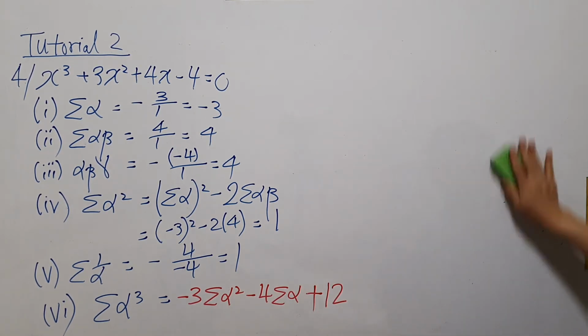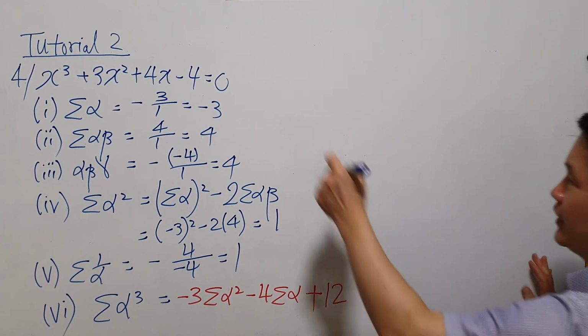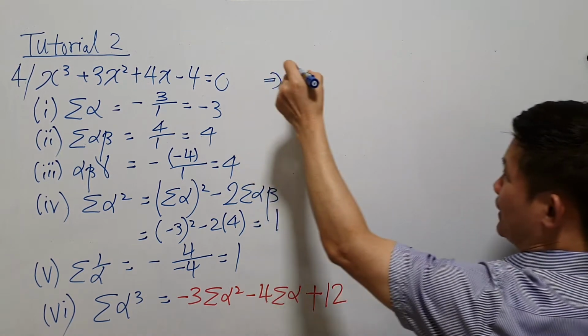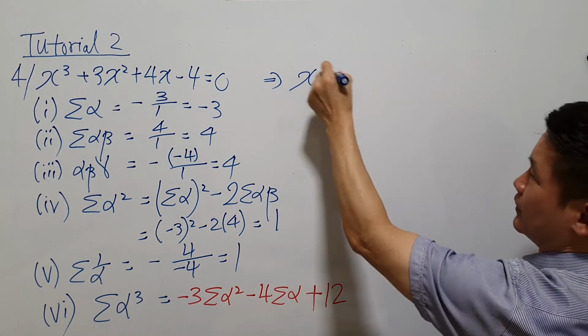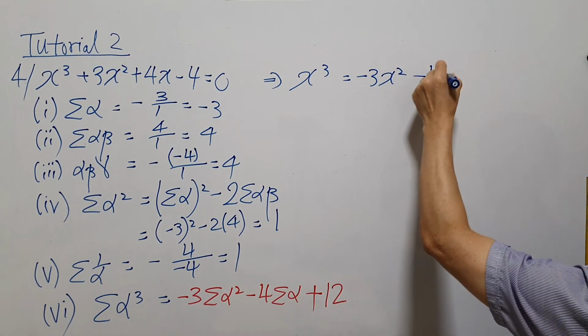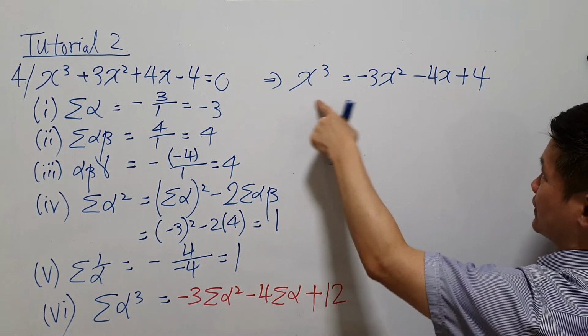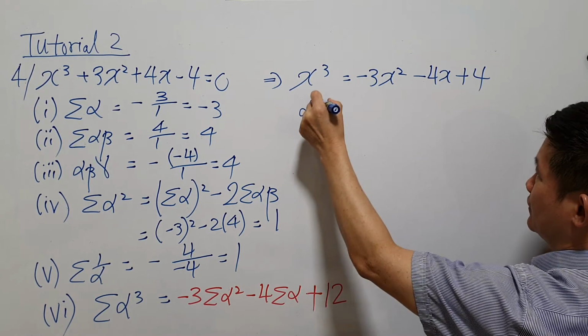To help you recall, how did I get this line? From here, I rewrite this thing as x cubed equals to minus... I put at first all the x's as alpha.